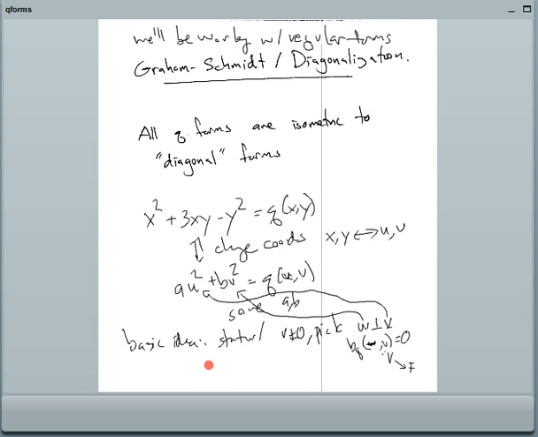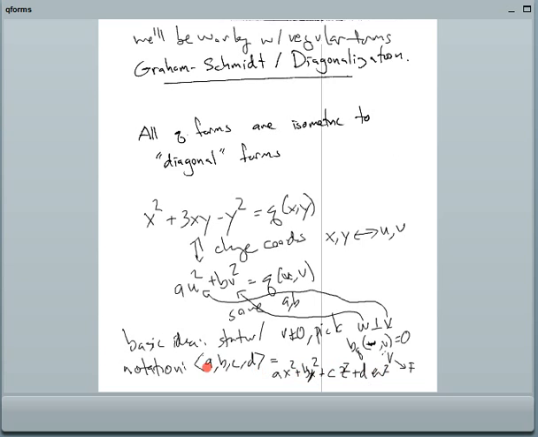There is nice compact notation for these forms, because they tend to come up over and over. The notation is that a brace with, say, a, b, c, d would mean the form a x squared plus b y squared plus c z squared plus d w squared.